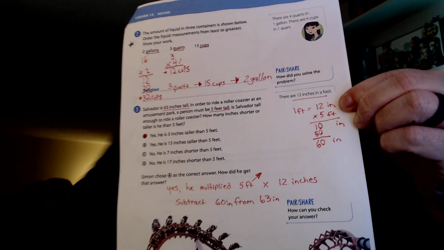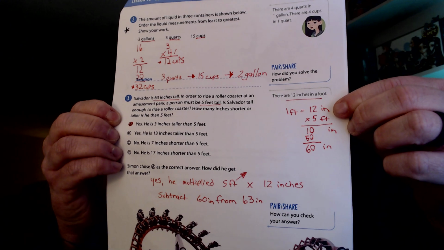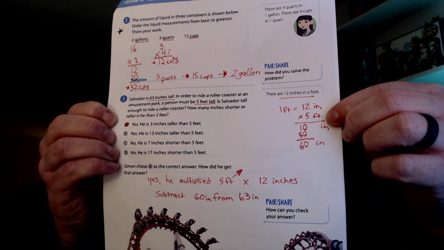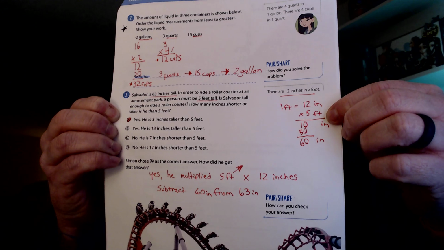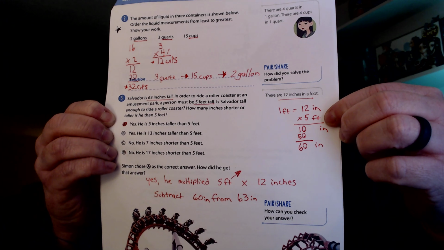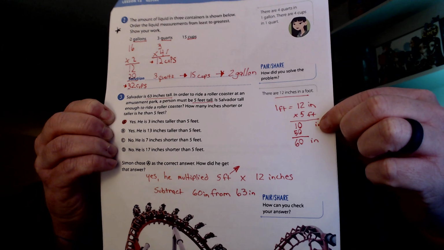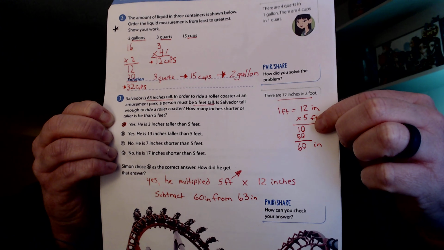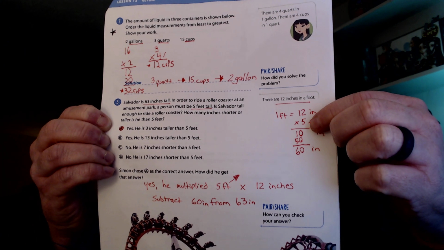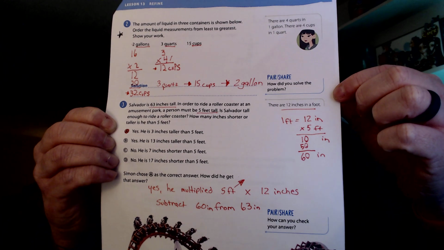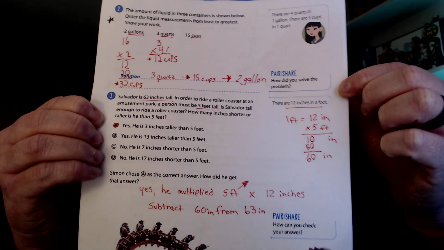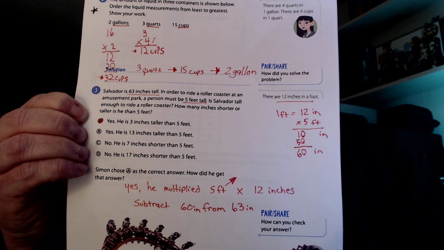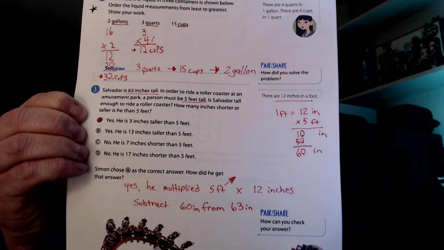So when we're looking at our paper, we've got 1 foot equals 12 inches, and we want to multiply that by, that's right, 5 feet. Multiplying it by 5 feet is 5 times 2 is 10. 5 times 10 is 50. 0 plus 0 is 0, and 1 plus 5 is 6. So 5 feet is equal to 60 inches, or if they know their multiples of 12, they would know that it is 60.